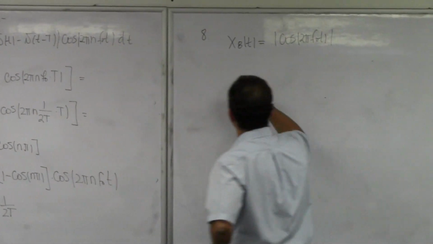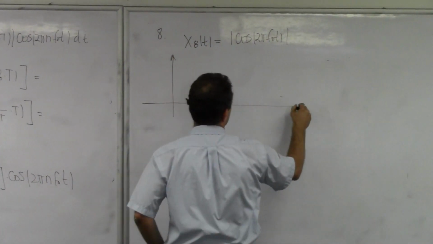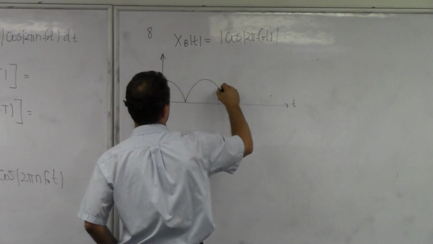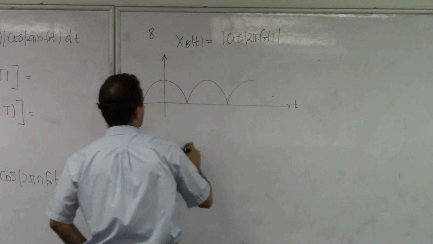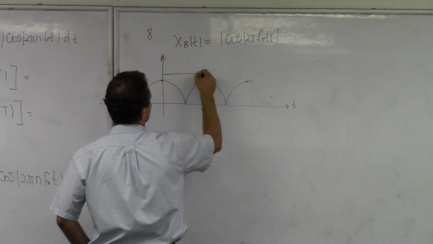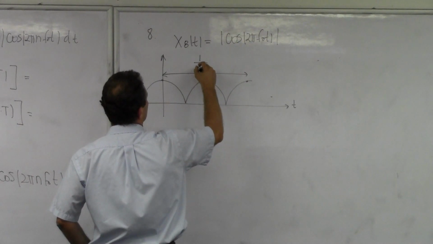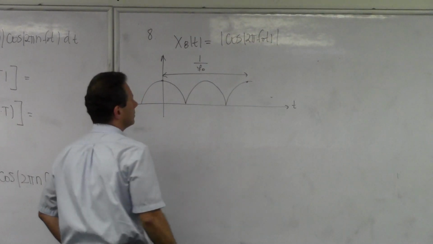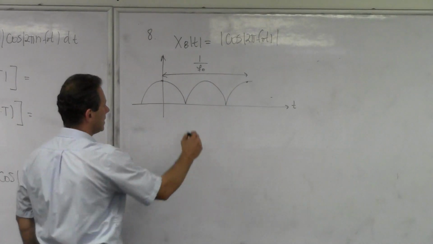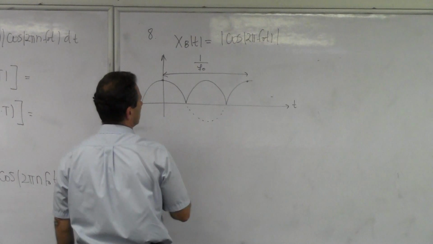How does the full wave rectifier look like? Well, here's t, and here's the full wave rectifier. Right? So from here to here is 1 over f0, right? That's from here to here. If you imagine the cosine, this is the full period of the cosine.